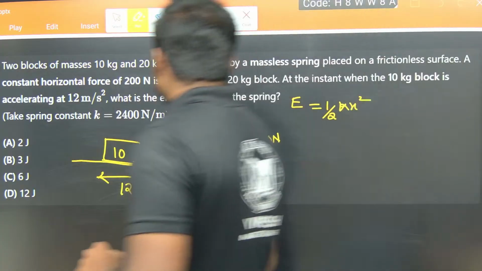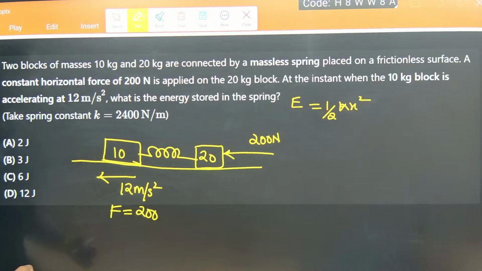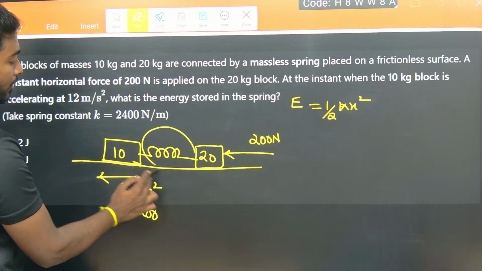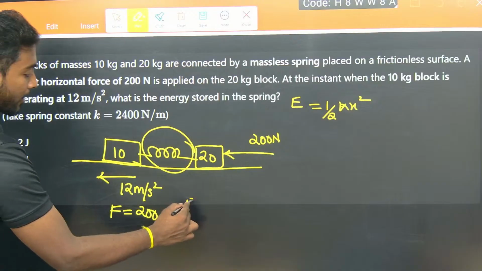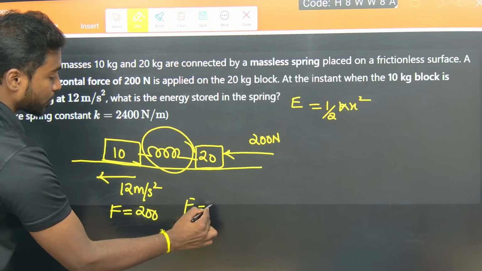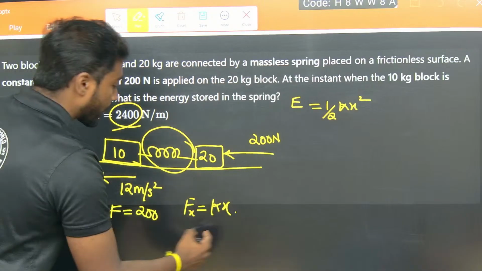Okay, so F is equal to 200. What is the force? Spring force, kx, no? F equals kx. Here what have they given? K they have given, 2400. Now equate it.